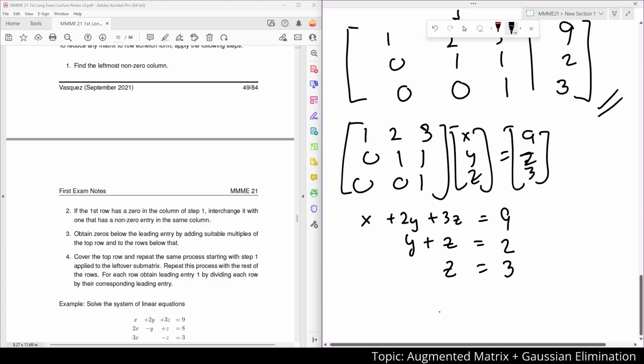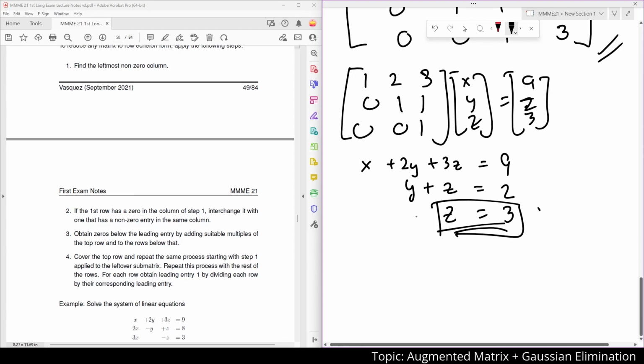So, nakita natin, Z is equal to 3. Then, by back substitution, paano mo gagawin yun? Yung Z lagay mo sa 3. And have Y plus 3 is equal to 2. Makita natin Y is equal to negative 1.